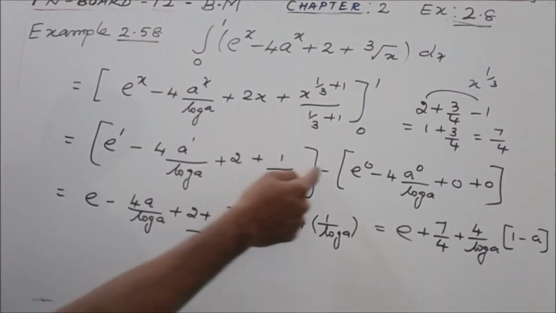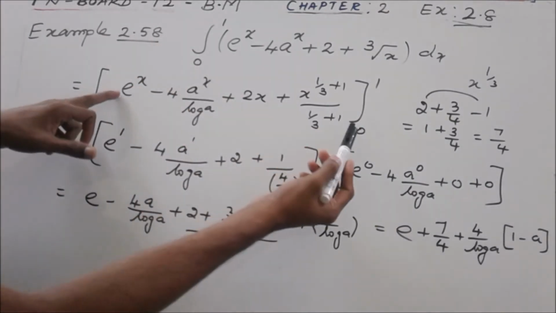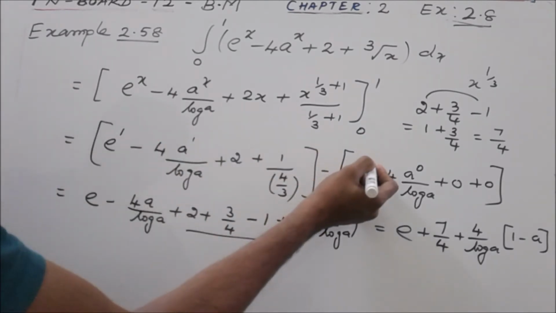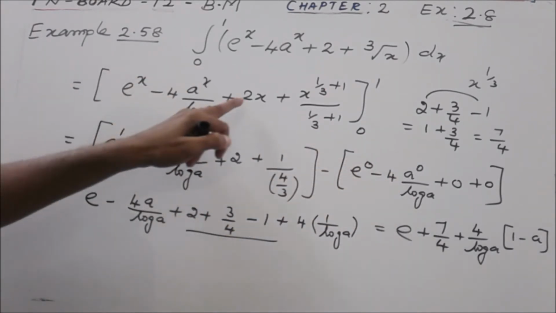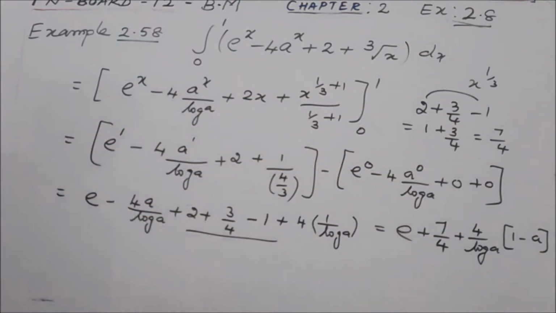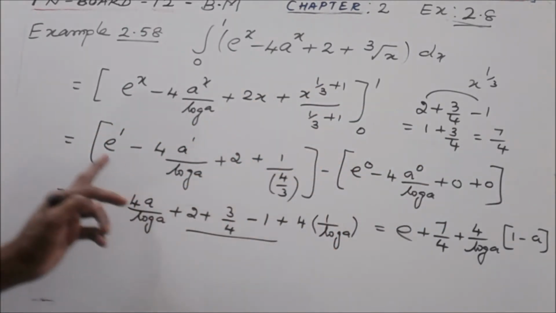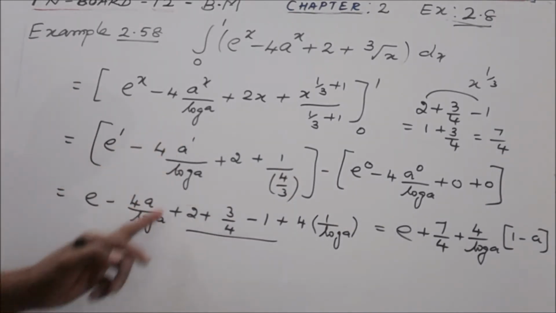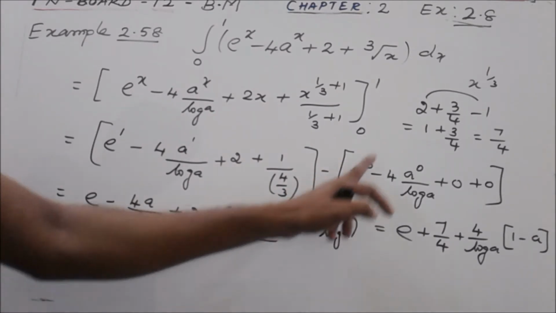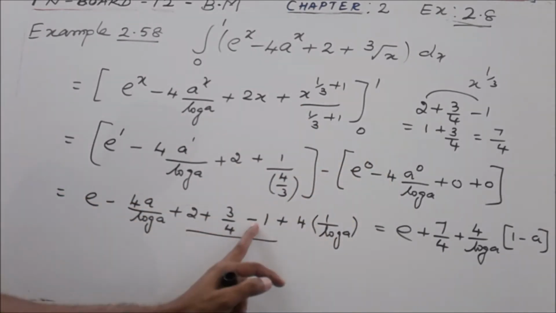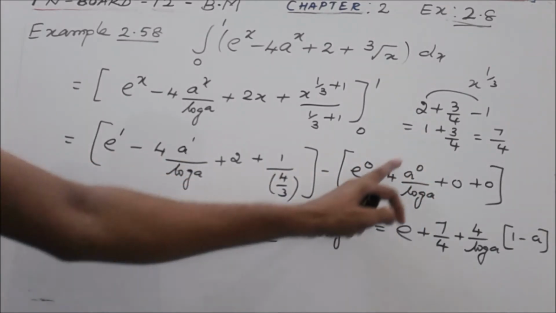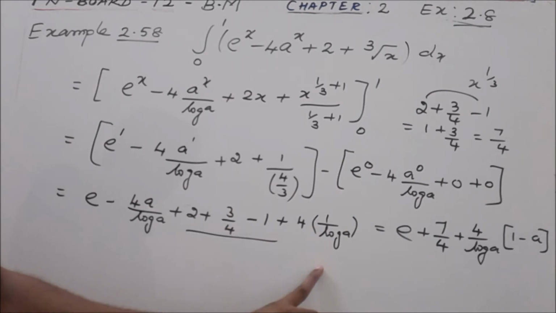Here substituting the lower limit, minus the lower limit value, e power 0 minus 4 into a power 0, 2 into 0 is 0, 0 power anything is 0. So the remaining are e minus 4a by log a plus 2 plus 3 by 4. Now multiply this minus inside, e power 0 is 1, so minus 1. Then here plus 4 into a power 0, 1 by log a, so 4 by log a.